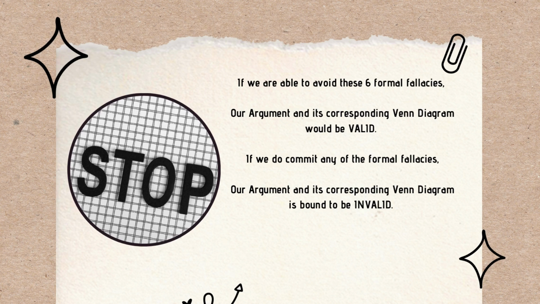If we are able to avoid these six formal fallacies, our argument and its corresponding Venn diagram would be valid. If we do commit any of the formal fallacies, our argument and its corresponding Venn diagram is bound to be invalid. So our syllogism should not have any of these six fallacies.